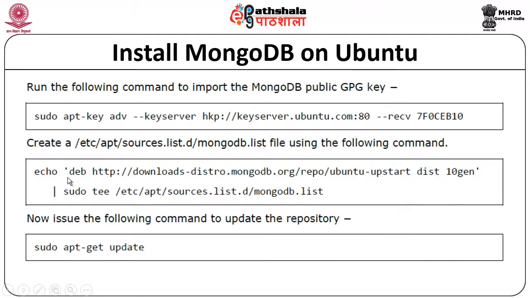If the same needs to be done in the Ubuntu environment, you need to follow the following commands. First identify the MongoDB public GPG key and use it for installing, create a separate folder by using the following command, and then issue the following command to update the repository.